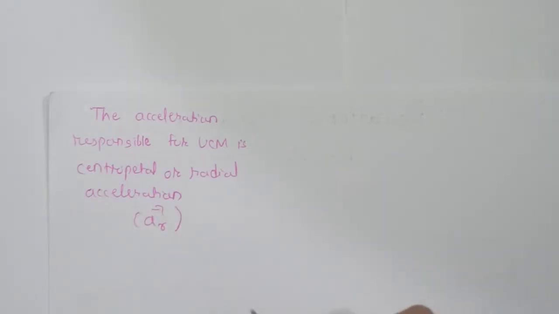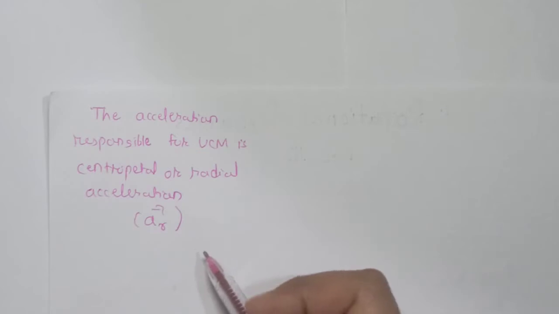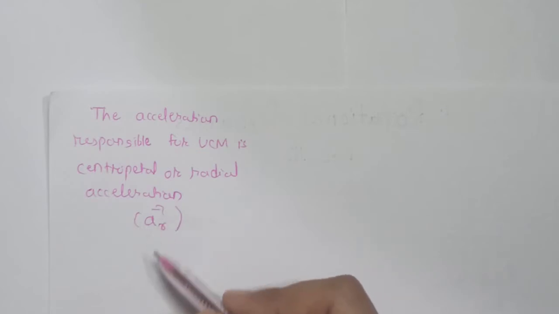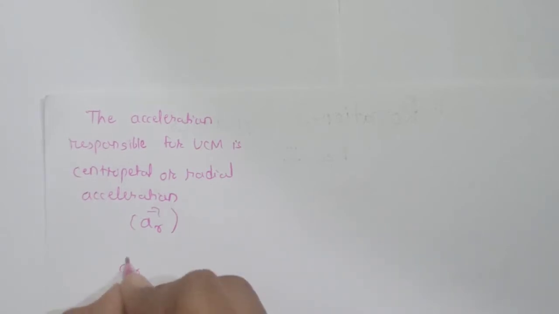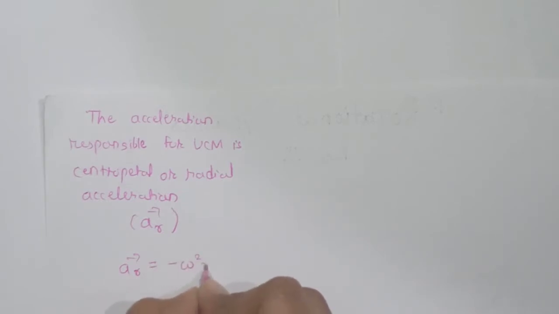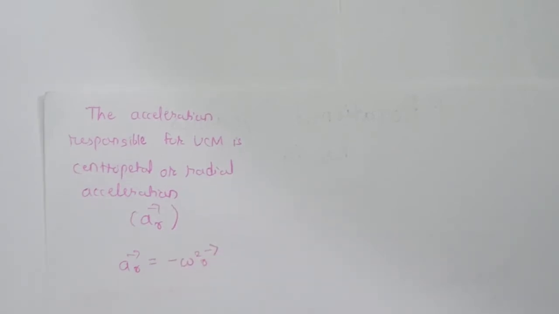As the direction changes at every instant in circular motion, that acceleration is known as centripetal acceleration. Centripetal acceleration causes change in direction, and it is given by vector a_R equals minus omega square vector r.